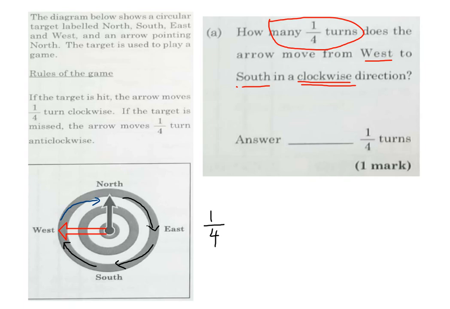Now remember, like I said, the arrow, this one that we're turning with, can only point to the words. So we're not doing anything in between. So if I go from west to north, how many quarter turns is that?